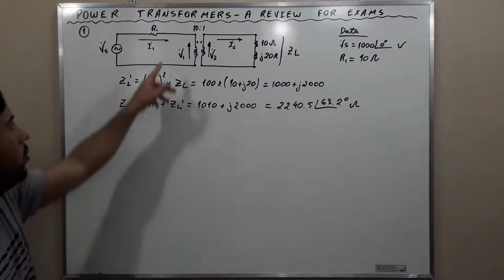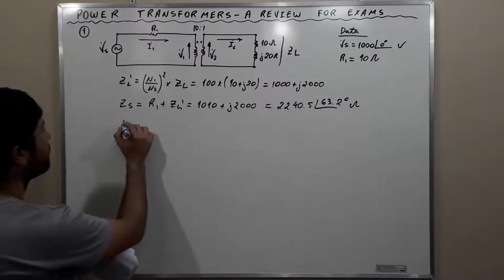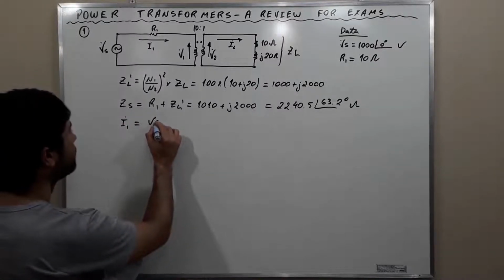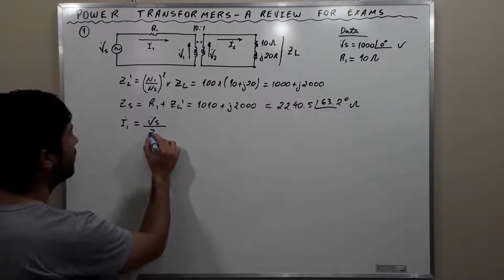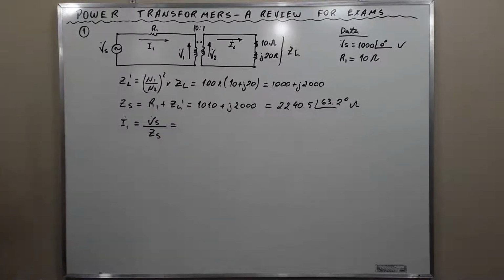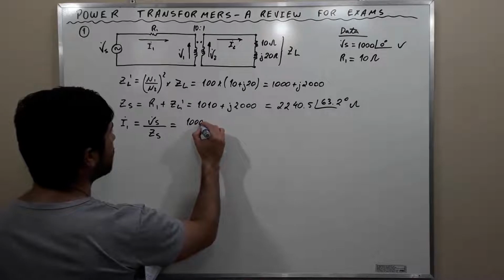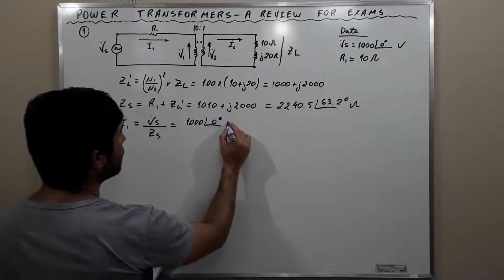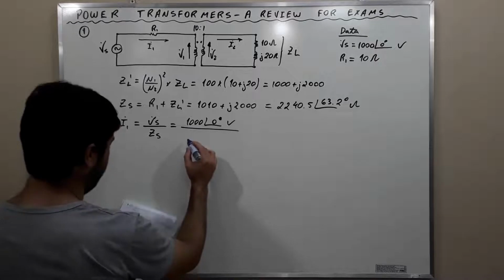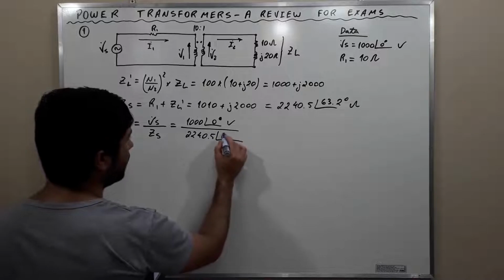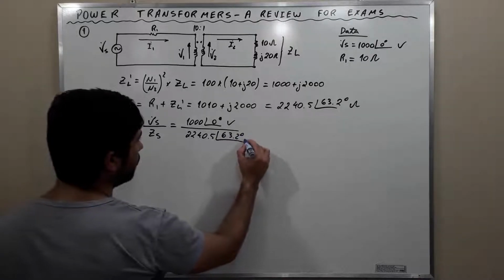The primary current I1 is going to be the voltage of the source divided by the total impedance, or the impedance seen by the power supply or voltage source. And this is 1000 phase 0 degrees divided by 2240.5 phase 63.2 degrees ohms.